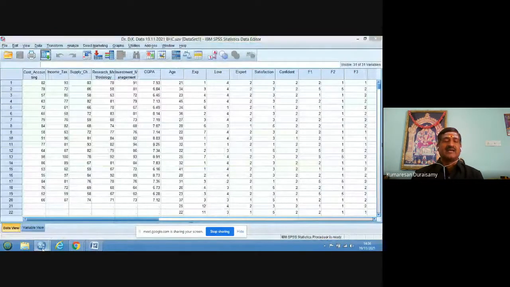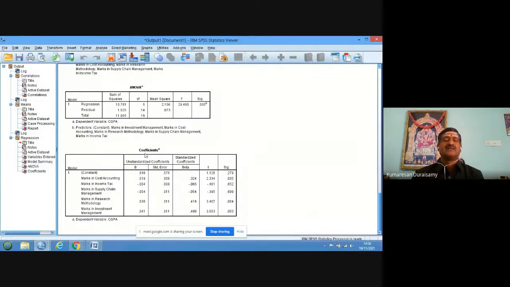Now look at the results once again. These are the results. We take the unstandardized coefficients along with standard error. Look at the coefficients. First one, constant. That is the value of a. In the equation I told you, y equal to a plus.